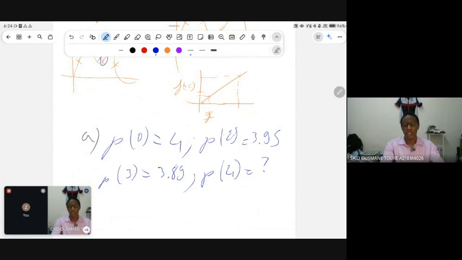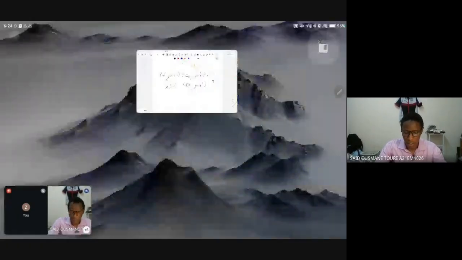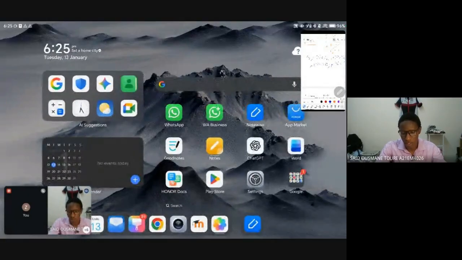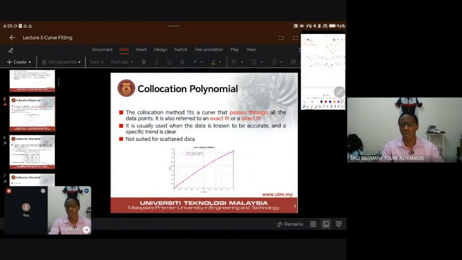Now, for rho of 4, you are supposed to use curve fitting. And that's what they expect you to do. Because you are supposed to find the f of x in the curve. F of 4, f of 6, missing values.